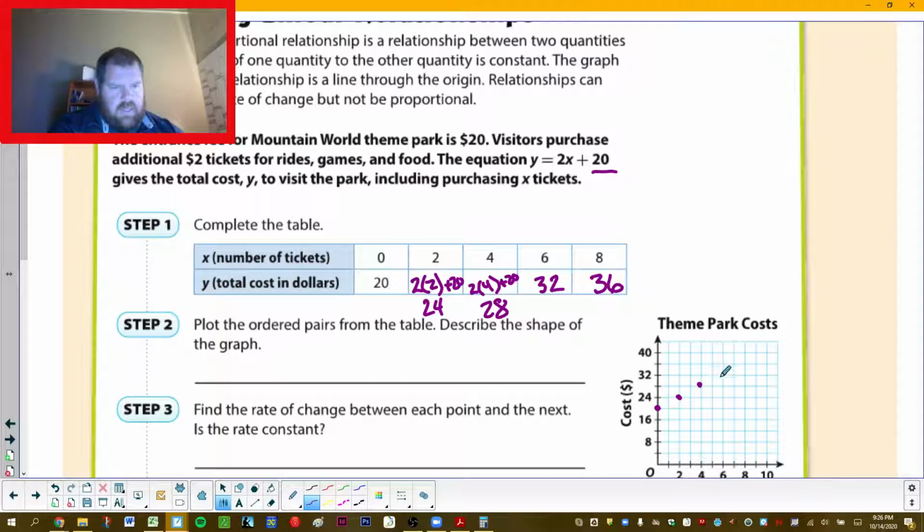And then 6 tickets, 32, and 8 tickets, 36. So we get a straight line right here. And that should kind of give us the idea of the shape of the graph. It's a straight line.